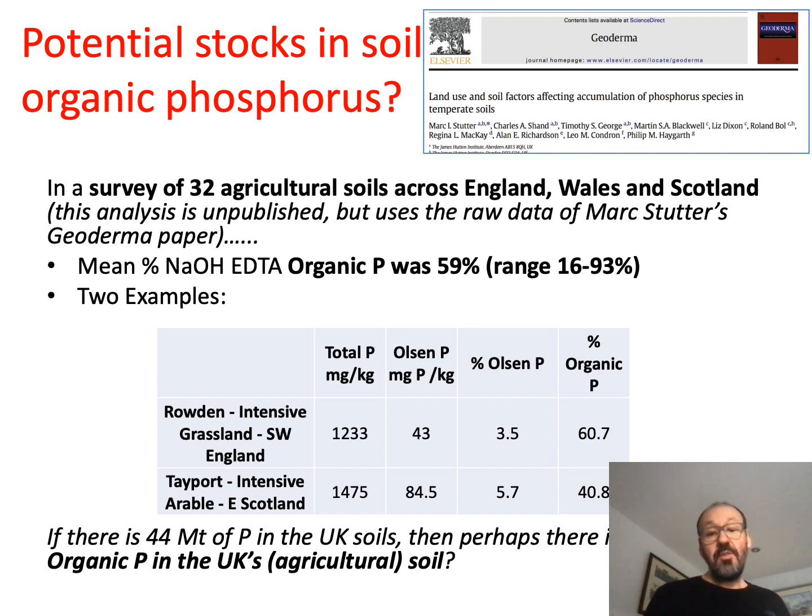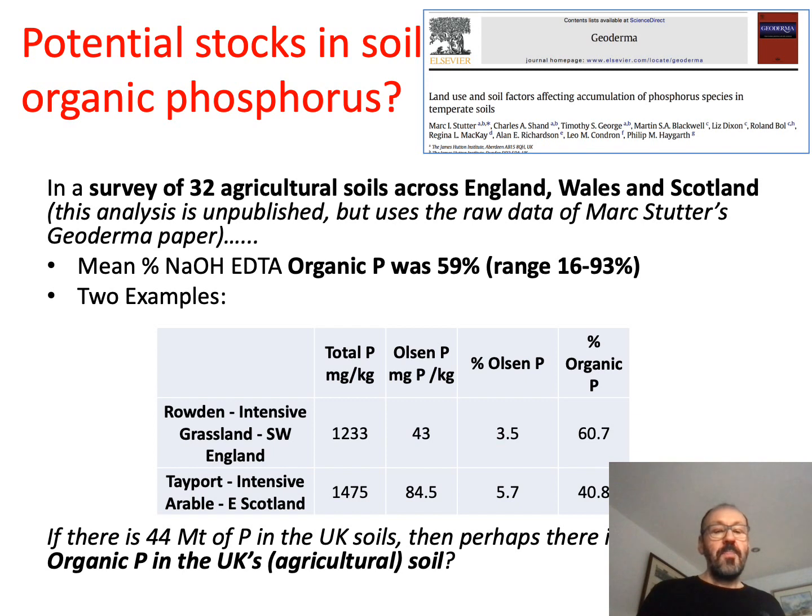And for all of those soils we found that 59%, let's call it 60 for the sake of argument, 60% of the soil total phosphorus was organic, and it actually ranged from 16 to 93.